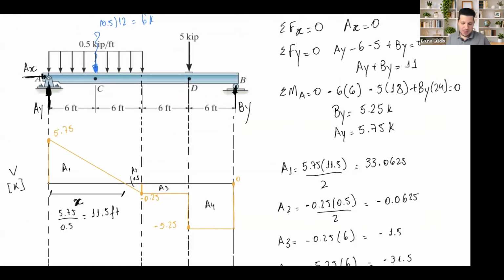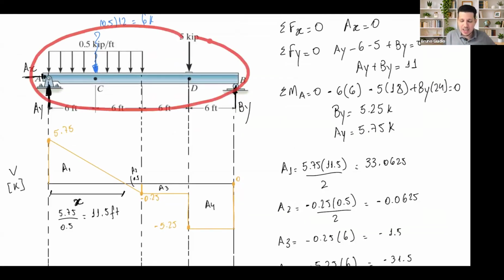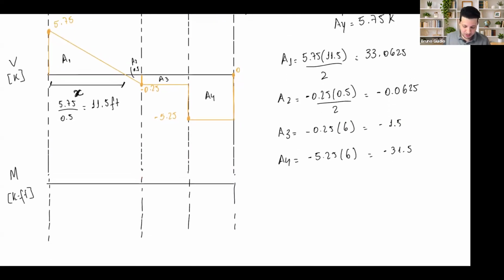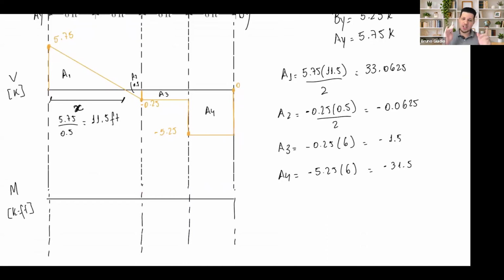Okay, I will start. Before I start the moment diagram, let me take a look here and see if I have any concentrated moment, because I have to pay attention to those details. Right here, I don't have any concentrated moment. So I will follow only the shear diagram. Area 1 is going to be the change in moment from point A to the end of area 1.